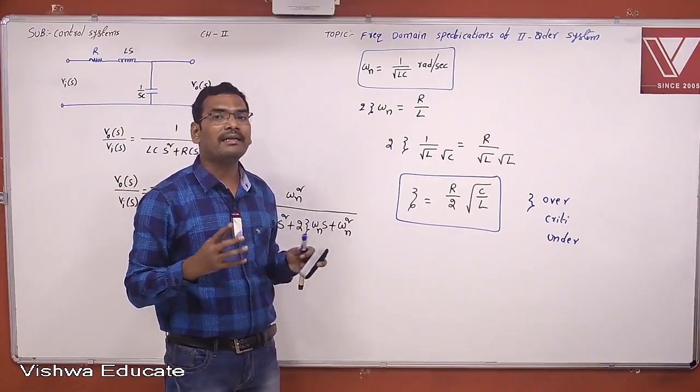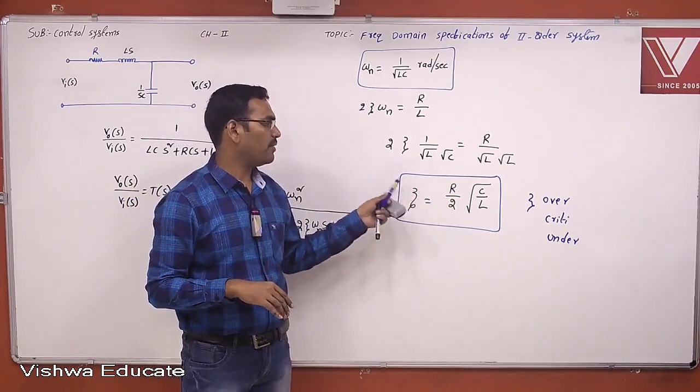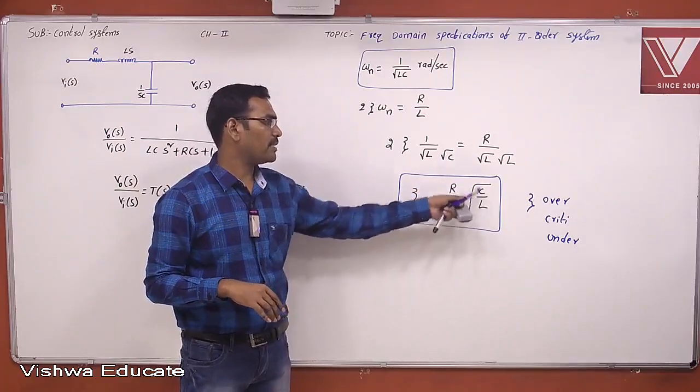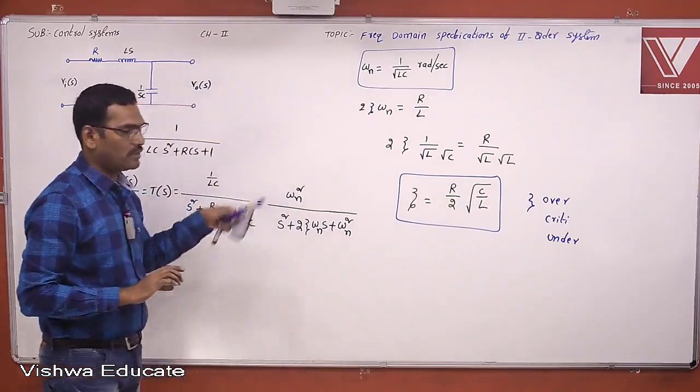This is the practical second order system. Sometimes they ask: if the RLC values and damping factor are this much, what is R? If the damping factor and capacitance are this much, what is L? This is the practical second order system. Okay, now you first take down this.